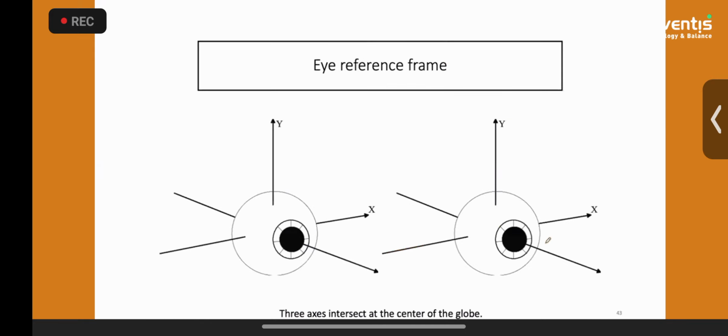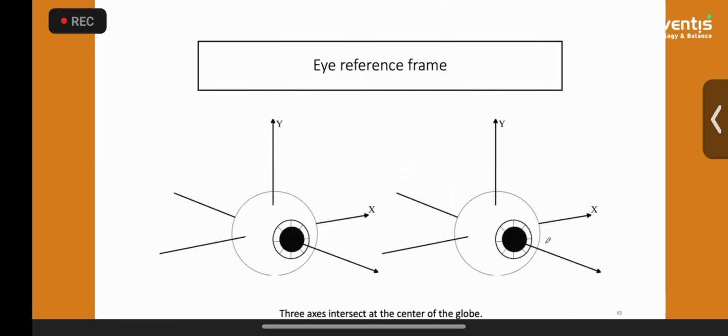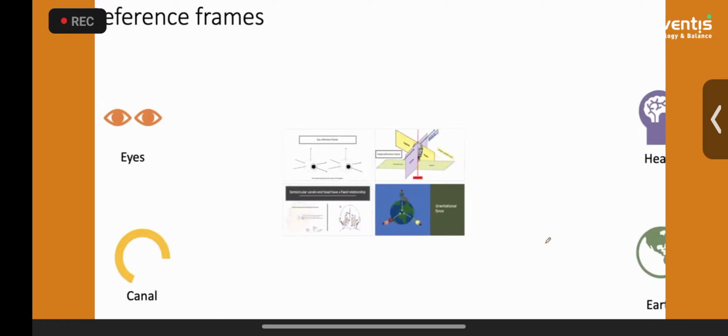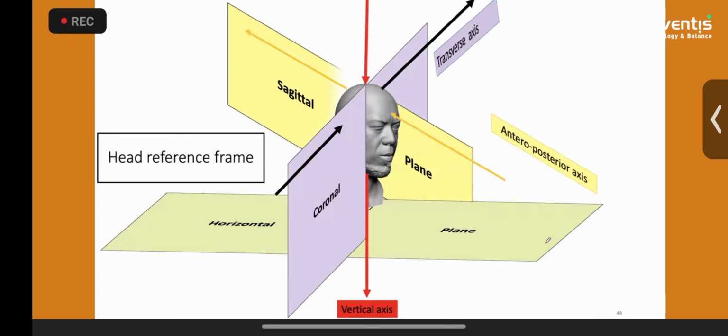So eye reference frames are like there are 3 eye reference frames. If the eyeball, there is a vertical axis, anteroposterior axis and a horizontal axis. I won't go into the details of that because I will try to keep it as simple as possible. In case of head reference frame, there are planes like this is sagittal plane, this is coronal plane, and this is horizontal plane.